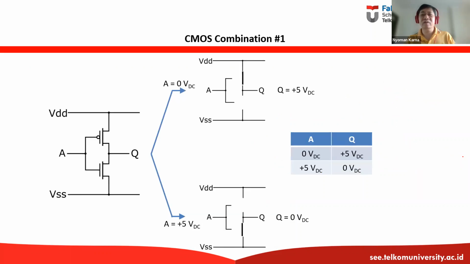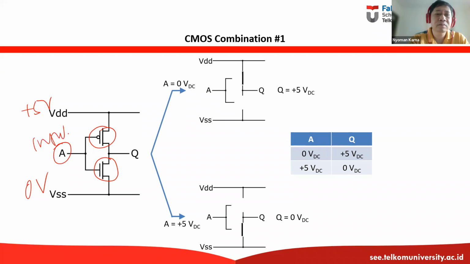Now, let's say, for example, this first combination. I put the PMOS on top of the NMOS. This is the plus 5 volt, and this is the 0 volt. Let's say I give A as the input, and Q is the output.